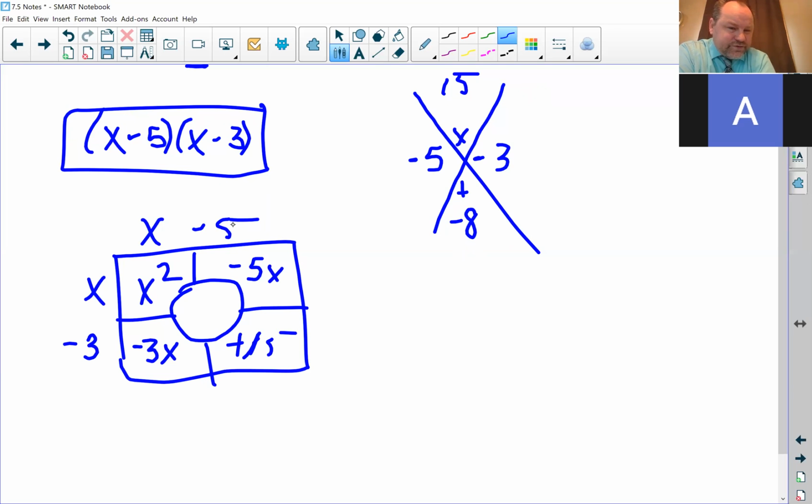So you see our two numbers, negative 5 and negative 3, multiply to 15. And if I combine my like terms, negative 5 and negative 3 add to negative 8. So that idea comes right from either the box or the FOIL method. That's why this approach works so well.